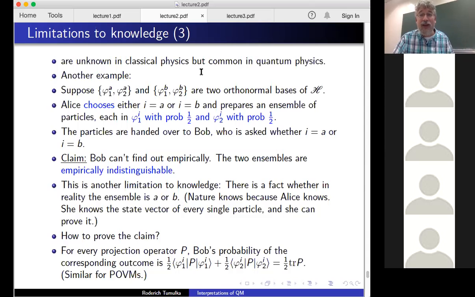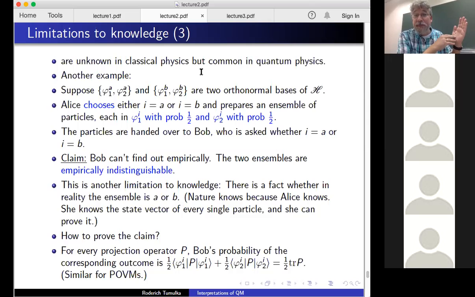Why is that? Well, let's say Alice kept a record of every single particle of the 1,000 particles, saying which vector it was prepared in. So she can say, oh, particle 1 was prepared in this vector, particle 2 was prepared in this vector, particle 3 was prepared in this direction. And you can check, of course, afterwards.